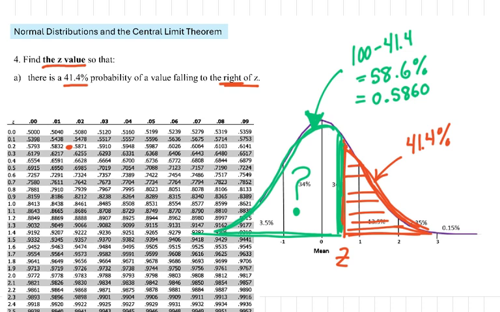And when you don't have the exact number, you pick the one that is closer. This one is closer, so we would say z should be approximately 0.22 standard deviations above the mean. Where did I get those numbers from? From looking 0.2, and then for the hundredths place, 0.22.